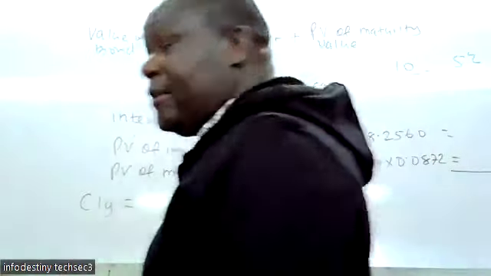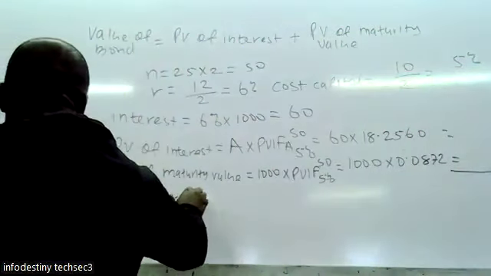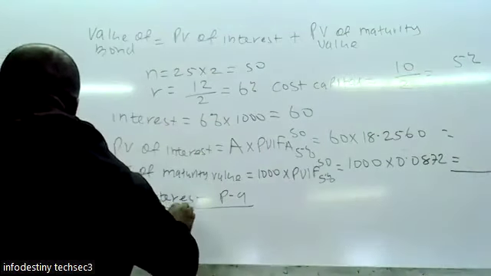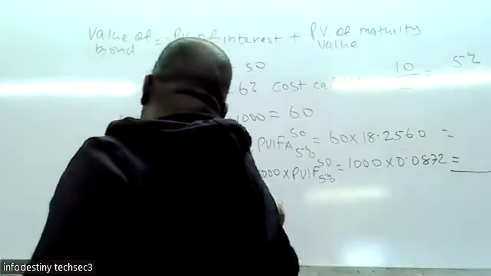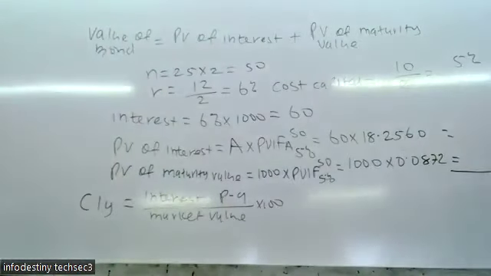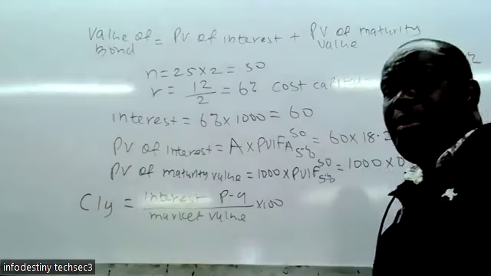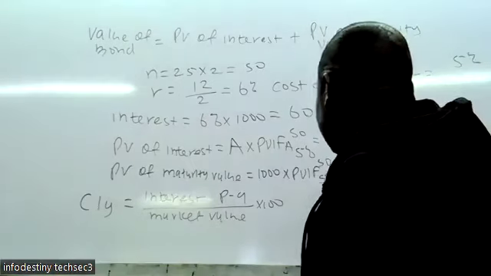It is the interest per annum divided by what? Market value. You express it as a percentage. So to calculate the current yield, it is simply interest per annum divided by the market value, expressed as a percentage.